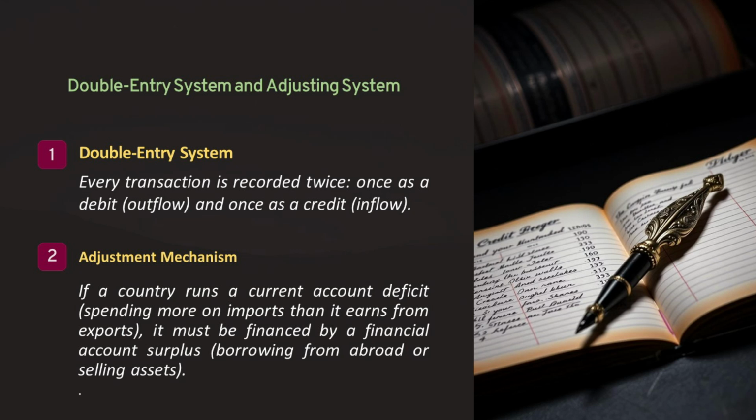It must be financed by a financial account surplus, that is borrowing from abroad or selling assets, so that the balance of payment is always in balance. The reverse is the case if a particular country has a current account surplus. It means that the country is lending or investing abroad, leading to a financial account deficit.